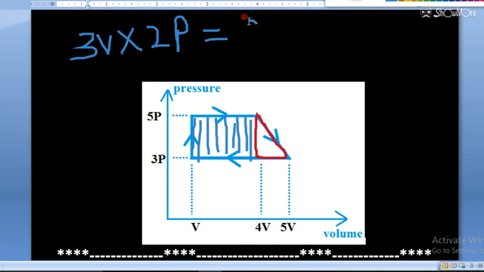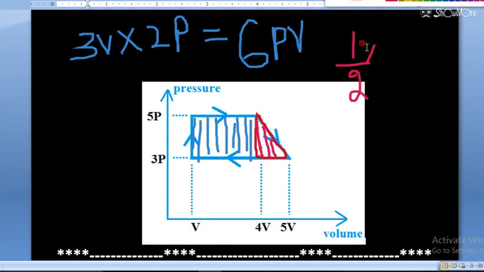I hope it is clear. So the area of this rectangle is 6p into v. Now you can check the area of this triangle. Area of triangle is half into base, which is 5v minus v, so base is 4v, into perpendicular, which is the same as for the rectangle, 2p.